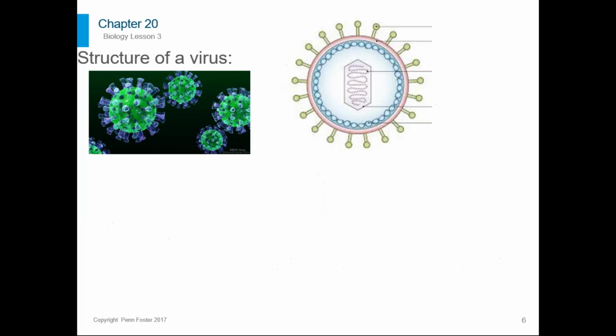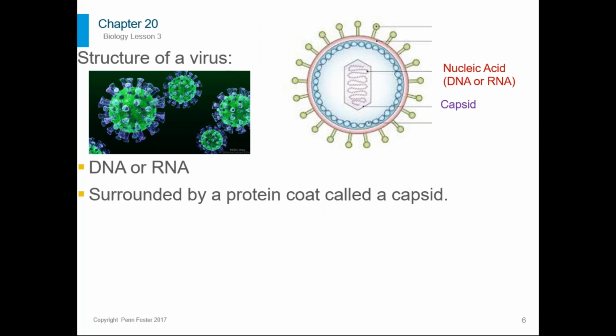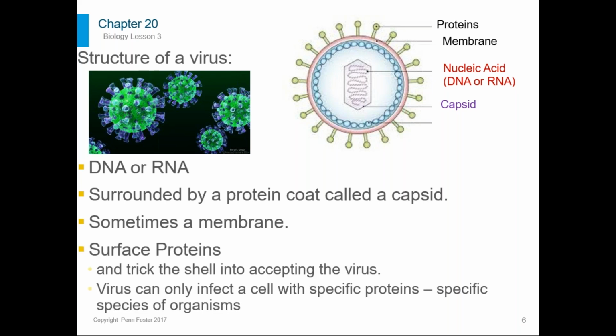A virus generally has DNA or RNA surrounded by a protein coat called a capsid. They may have a membrane around that, similar to a real cell. On the surface of the virus are proteins that can bind onto the surface of a cell and trick that cell into accepting the virus.